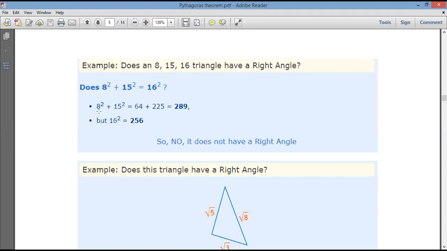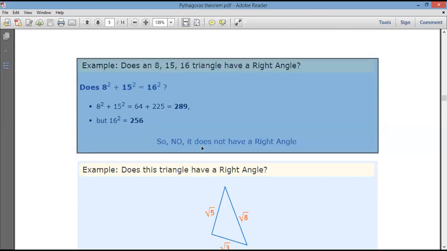So you just try 8 square plus 15 square equals 289, and 16 square equals 256. If these two numbers are the same, the triangle will be a right angle triangle, but now they are not the same. So 8 square plus 15 square does not equal 16 square.